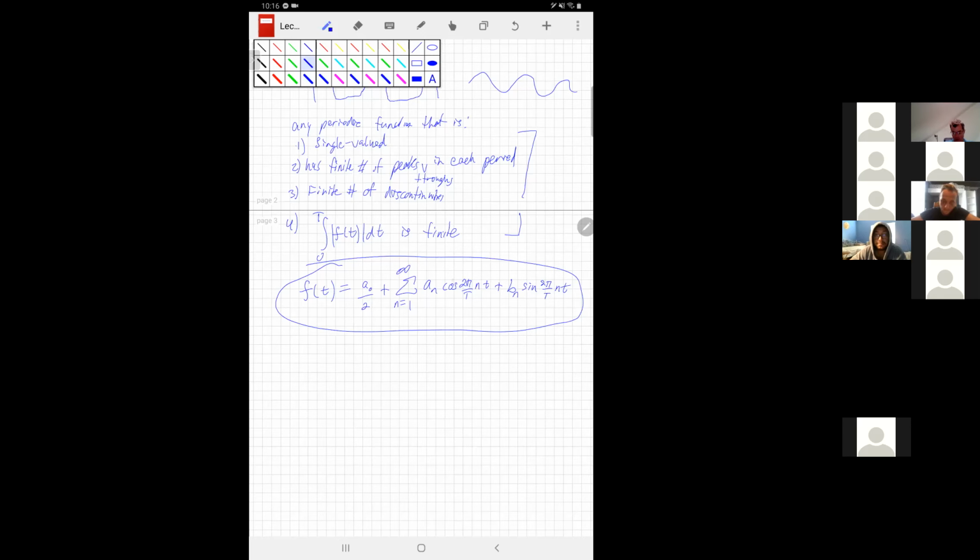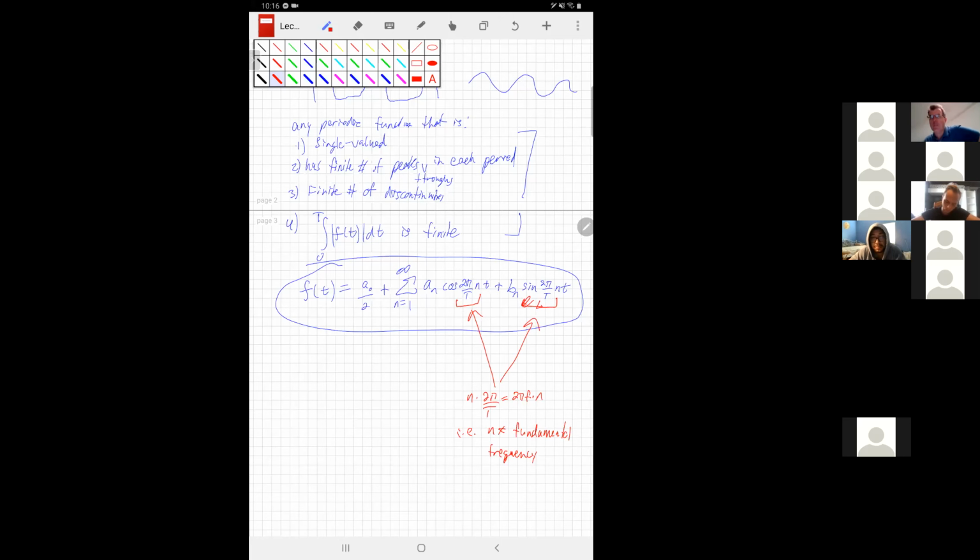And all of those cosines have a frequency that is an integer multiple of what we call the fundamental frequency. N times 2 pi over T, or 2 pi f times n, n times the fundamental frequency.